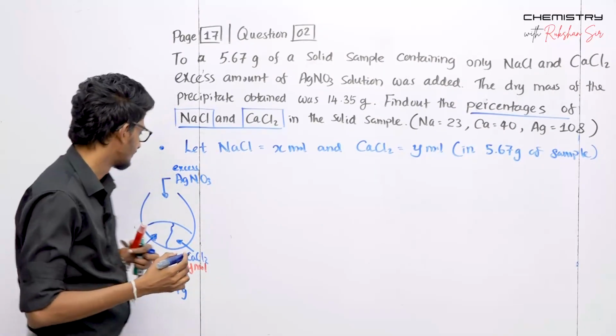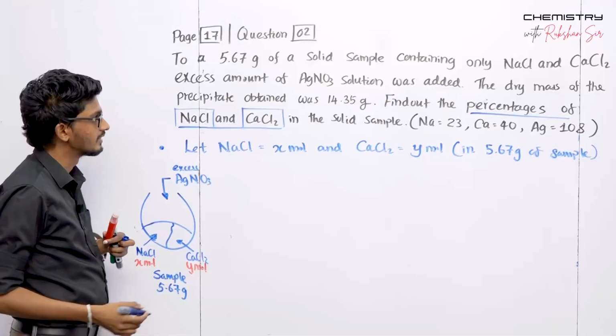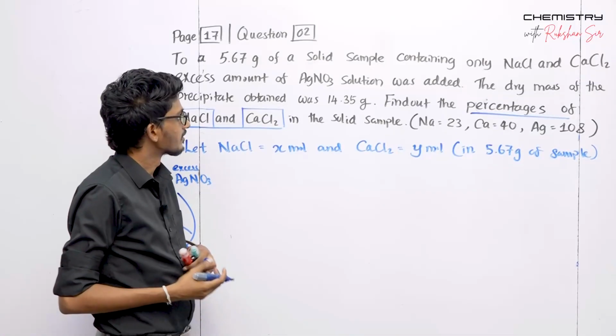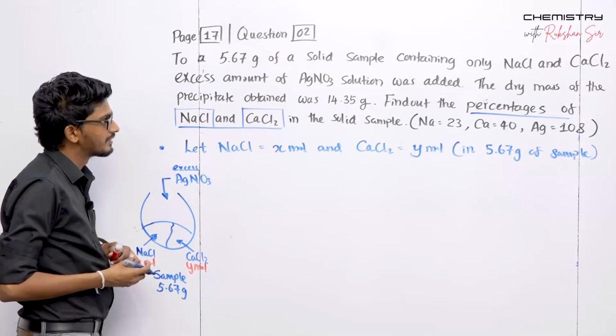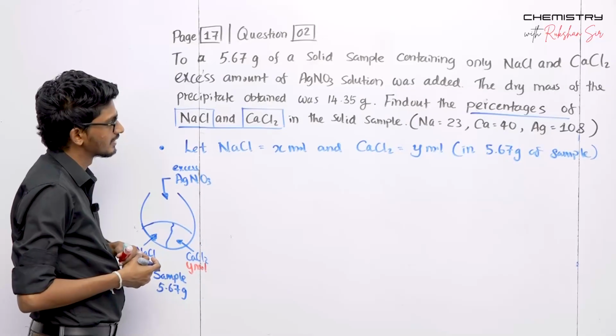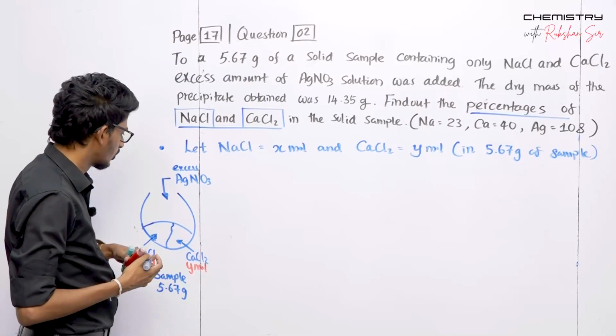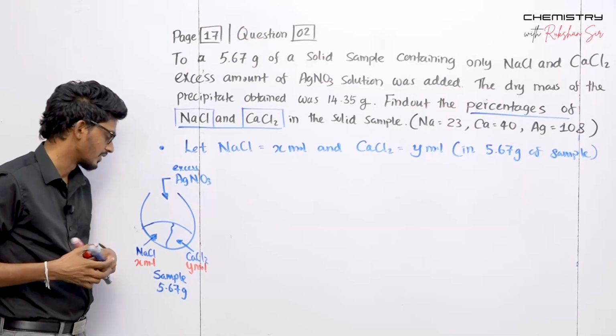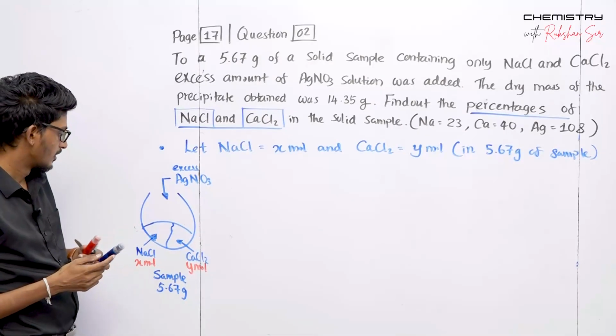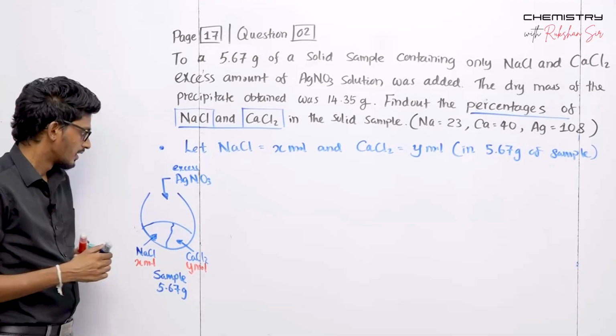See, then what will happen? They are saying that some dry mass of the precipitate obtained was given, right? So what would be the possible reactions here? You have to select that.